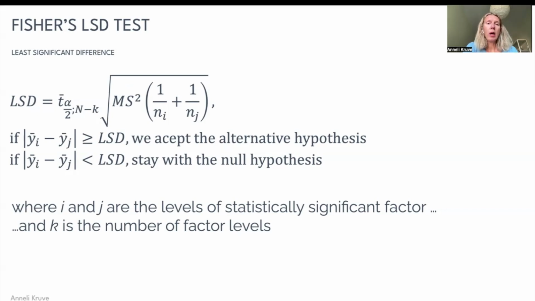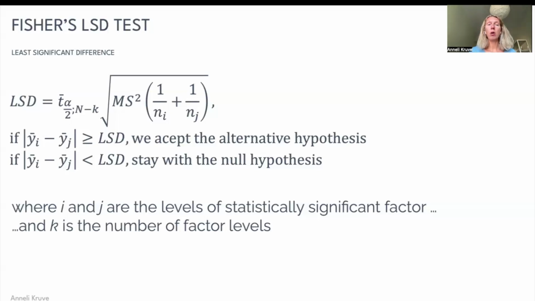The MS squared, corrected with the number of measurements on levels i and j that we are comparing, gives us the estimate of the experimental variance for the difference in the means of these two factor levels. And with this LSD, we can compare it to the individual differences from all levels on this one factor that we are studying.